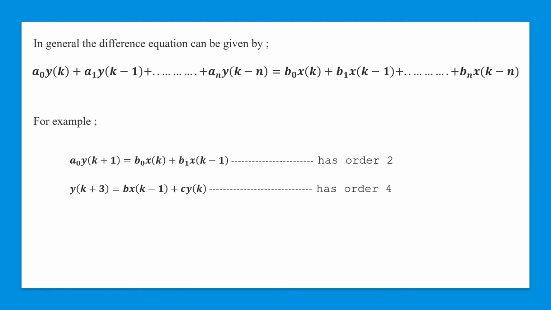For this equation the order is 2, so this is a second order equation. If we take another equation, y(k plus 3) is equal to b x(k minus 1) plus c y(k), for this equation the order is 4. This is a fourth order system.